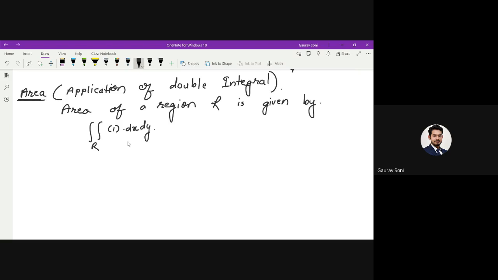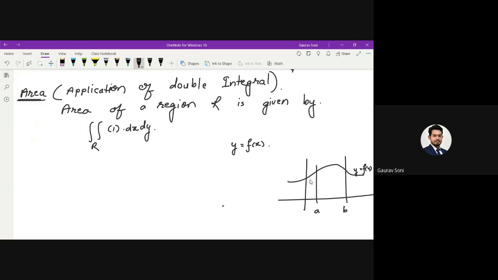But if you look at your 12th standard definition, if you have a function, say y is equal to f of x, and if I draw the curve like this, y is equal to f of x, and I'm integrating from a to b.